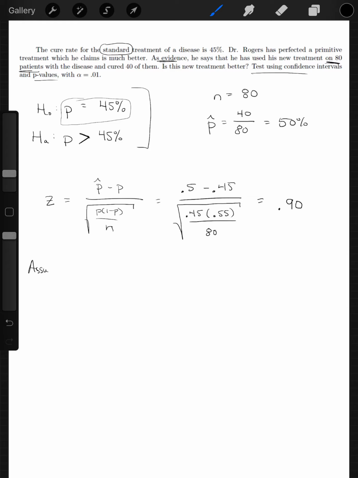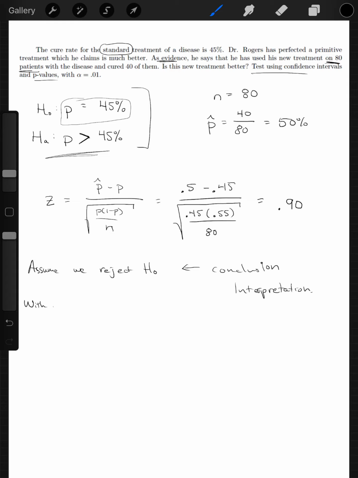Lastly, let's assume we reject H naught, right? So this is our conclusion, because it's always going to be one of these two options. Our interpretation, then, if we're rejecting H naught, means that we have enough evidence to support our alternative hypothesis.